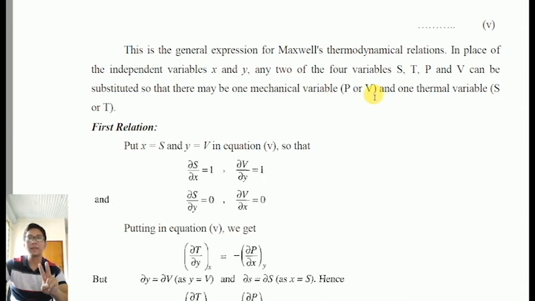Then the third relation, s and p, x equal to s, y equal to p. The fourth relation, t and p, x equal to t, y equal to p. That means first one sv, then second one tv, then sp, then tp.